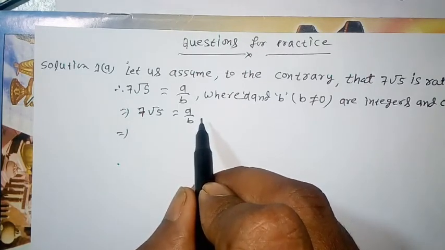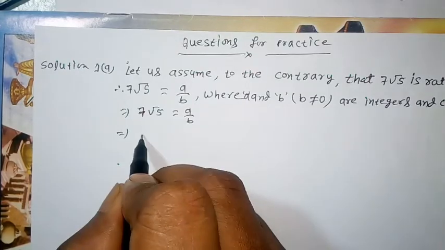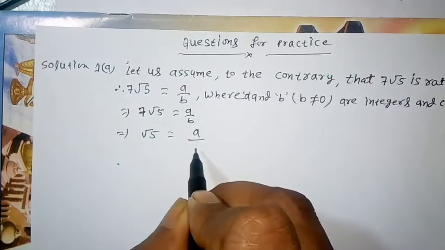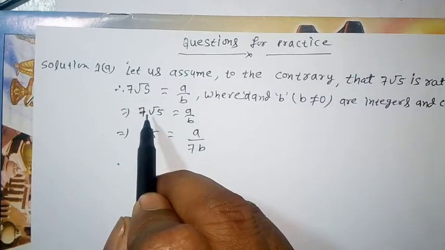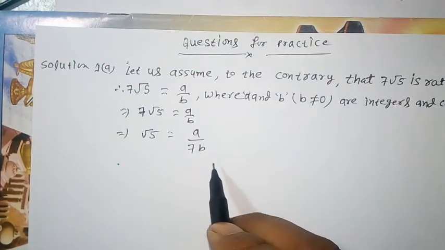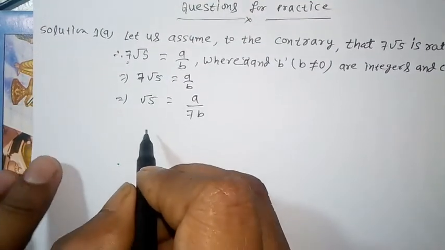Okay, implies root 5 is equal to a by 7b. Here 7 is in multiplication, but here 7 is in division.